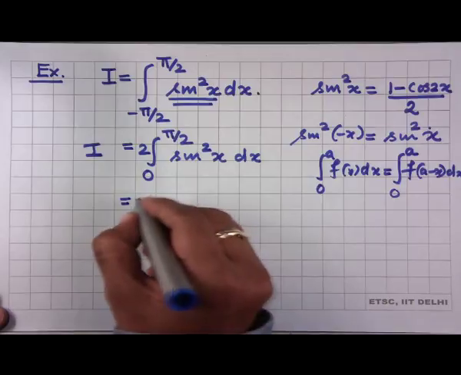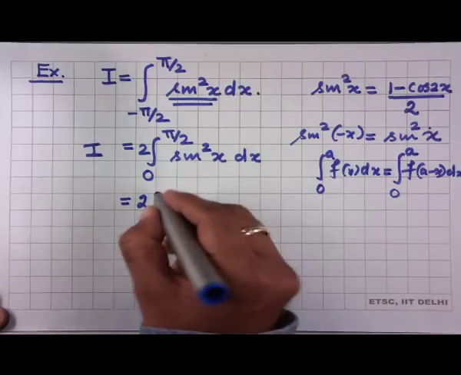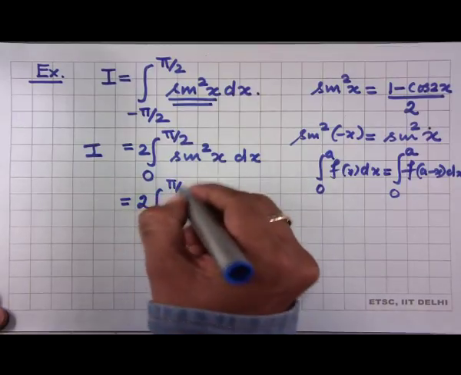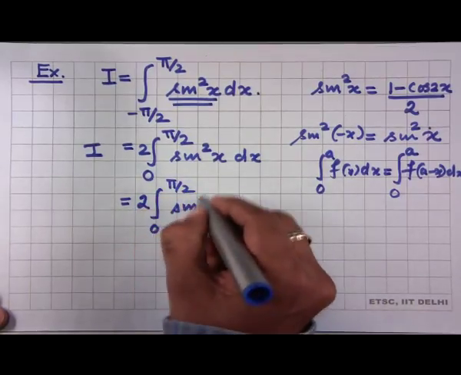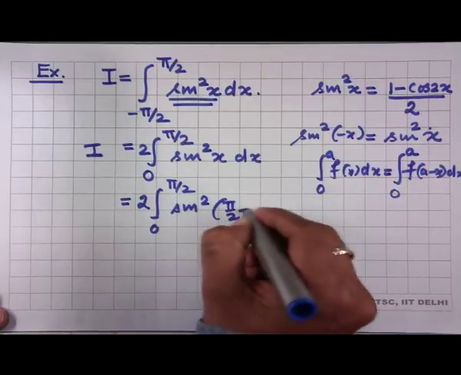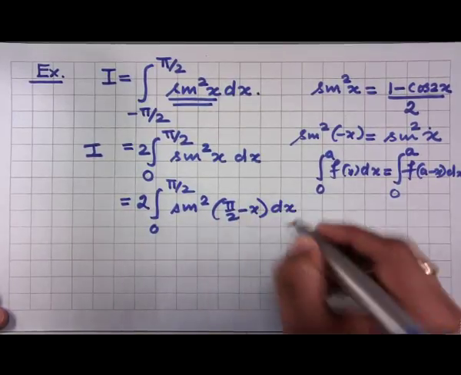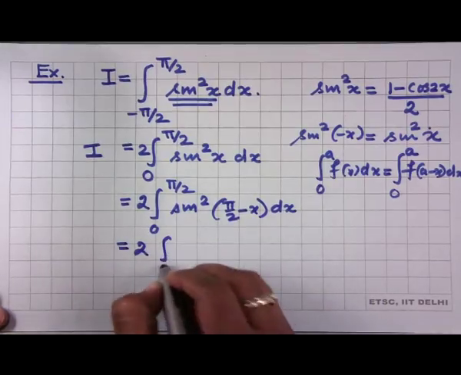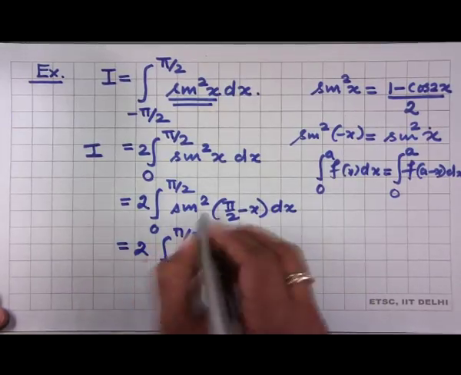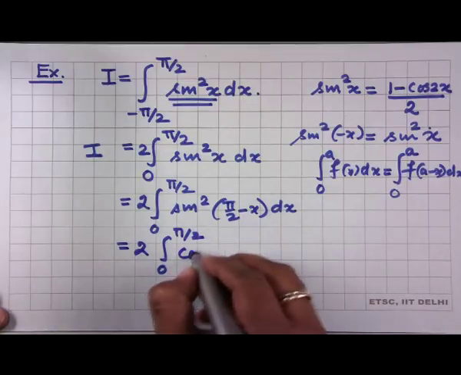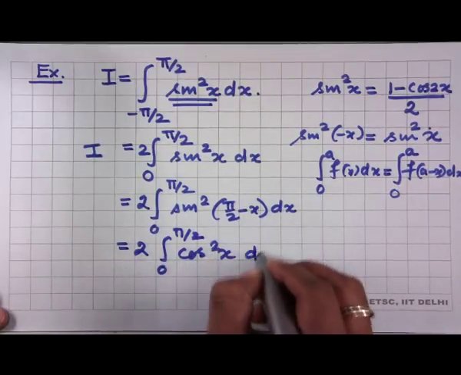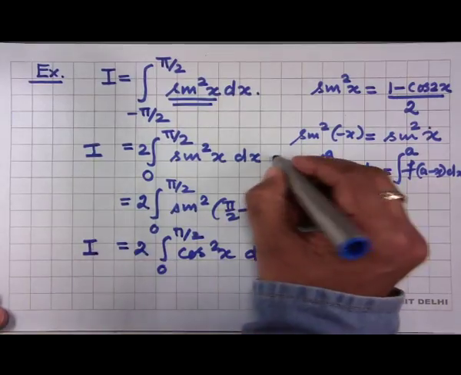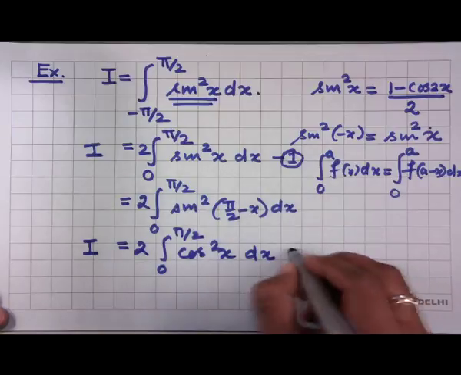So you can write this as twice of the integral from 0 to pi by 2 of sin square (pi by 2 minus x) dx. Sin (pi by 2 minus x) is cos x, so you get cos square x dx.